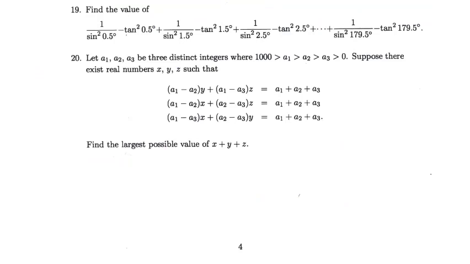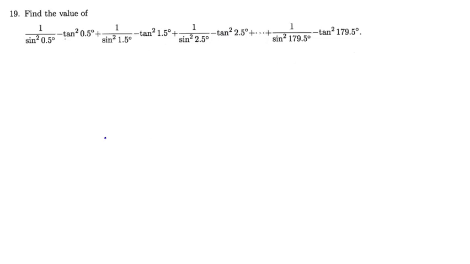SMO 2021 senior section first round. Problem number 19. Find the value of this term. So here I say, okay, 1 over sine squared 0.5 minus, I write this, sine squared 0.5 over cos squared 0.5.